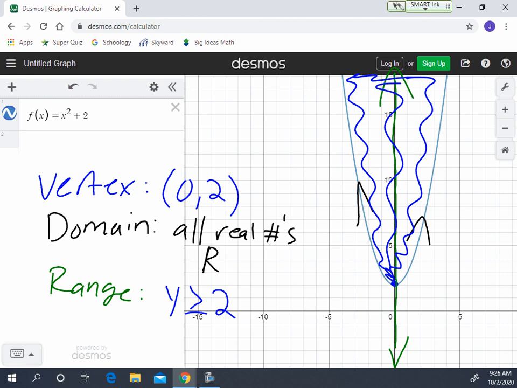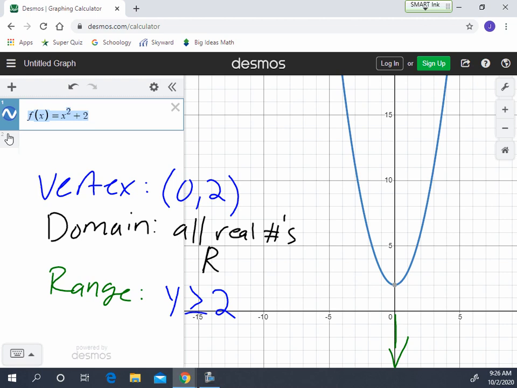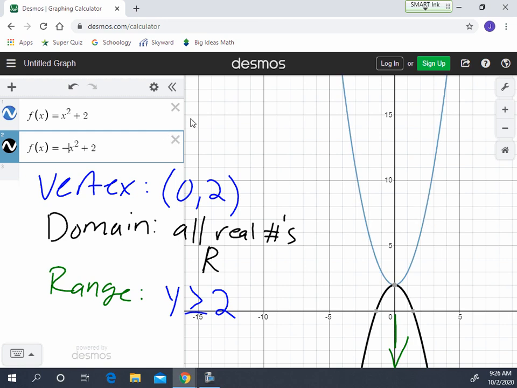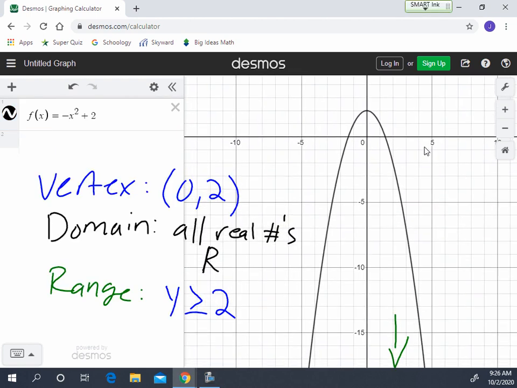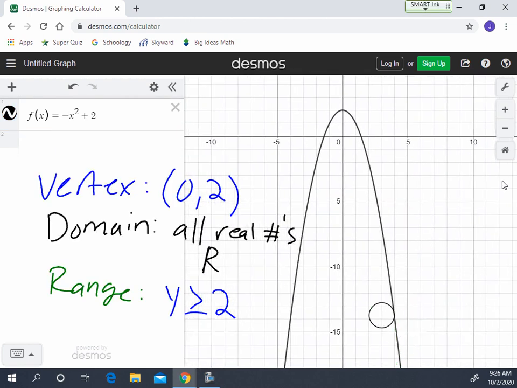Okay. What if we had negative x squared plus 2? What changes with our vertex, domain, and range then? We said negative x squared plus 2. Okay, so now we're looking at this black graph down here. Our vertex hasn't changed. Where's our vertex? At the highest point. It's still at 0, 2, so that hasn't changed.